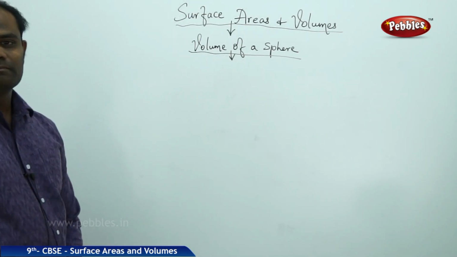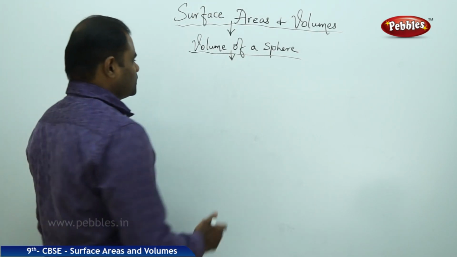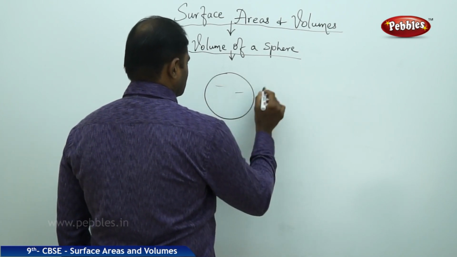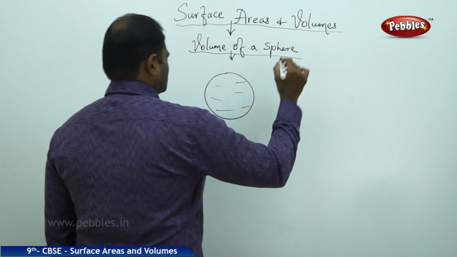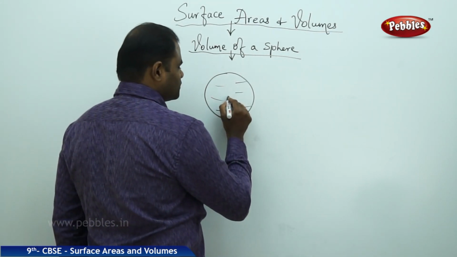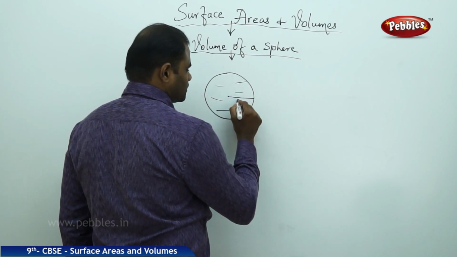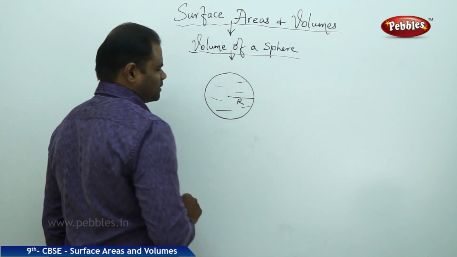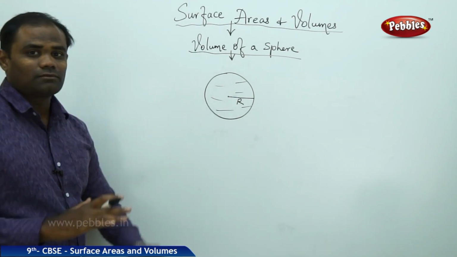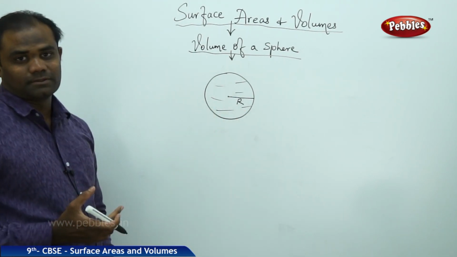So let's see what could be the volume of a sphere. Imagine I take a sphere which is this, and say the radius of the sphere is, say, capital R. If the radius of the sphere is r, then the whole of the volume is based on the radius.